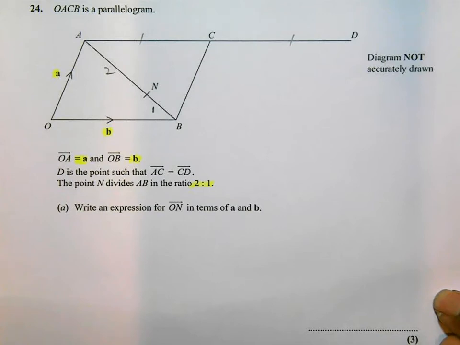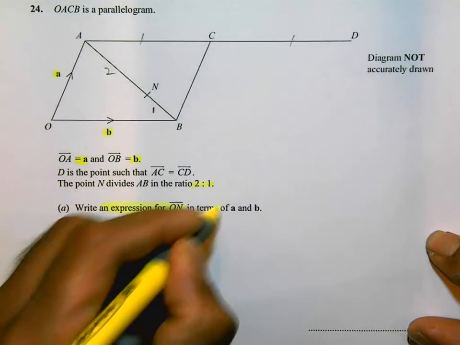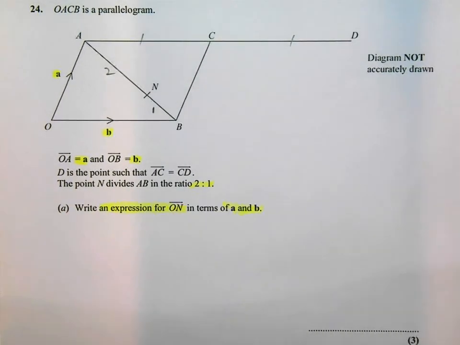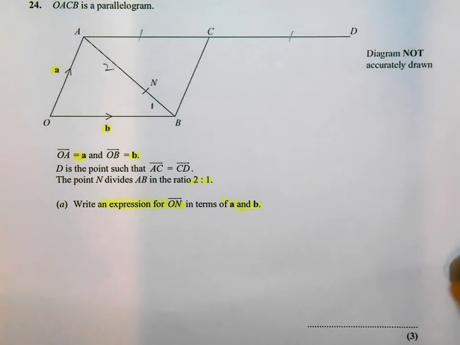And the first part of the question wants me to write an expression for ON in terms of A and B. Whenever I look at vectors, I think about what I want to work out and how I can use that journey.